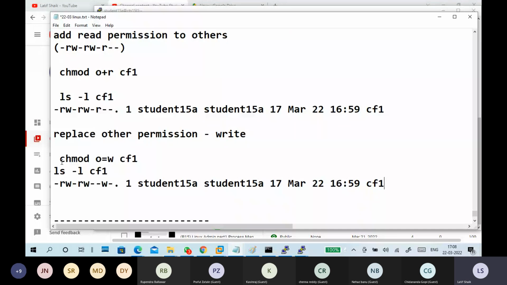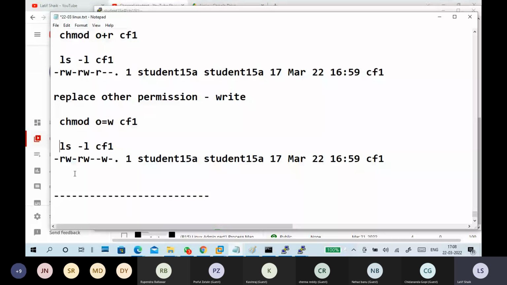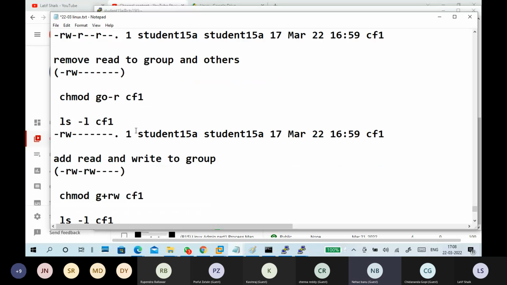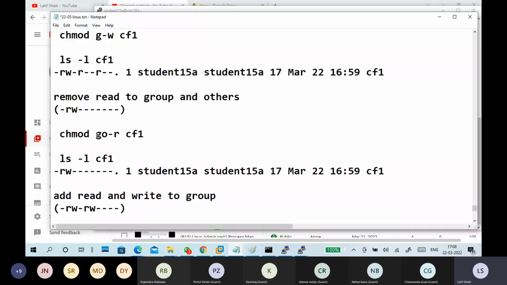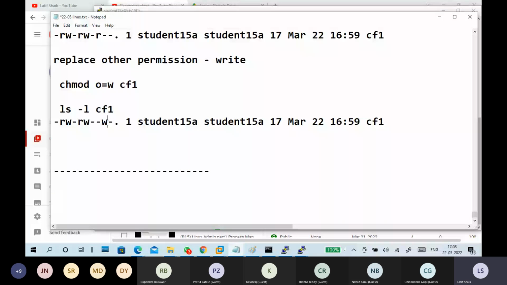So one more is there, that is called a. We were giving either g or go or ug, like that, right? So currently the permission is like this. I want to remove w for everyone.